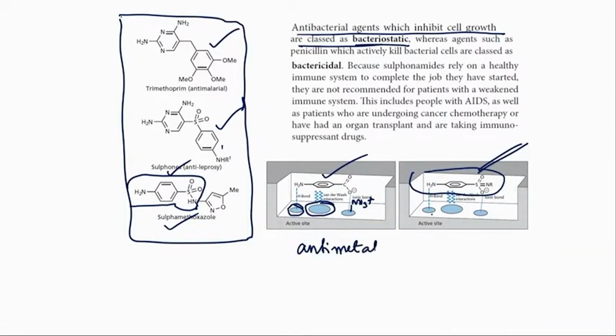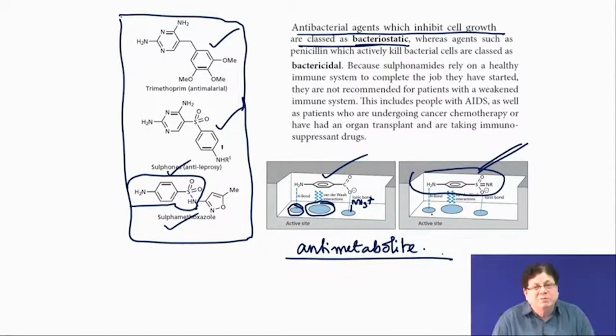What is an anti-metabolite? It interferes with the metabolic processes going on inside the microorganism or any species. Since this is inhibiting the incorporation of para-amino benzoic acid, it disturbs the normal metabolic process.